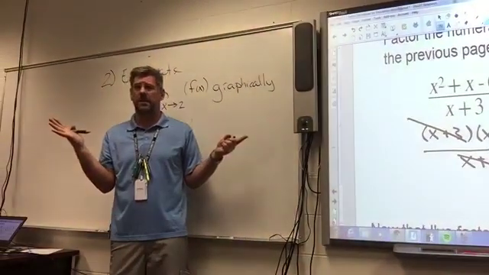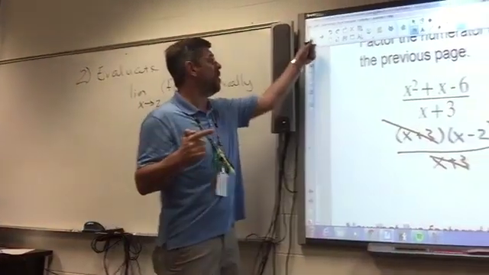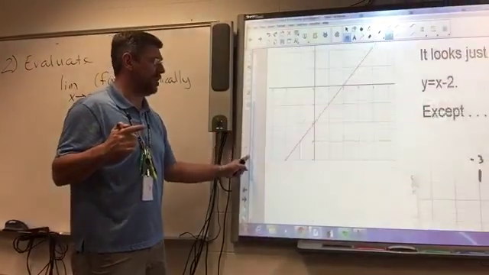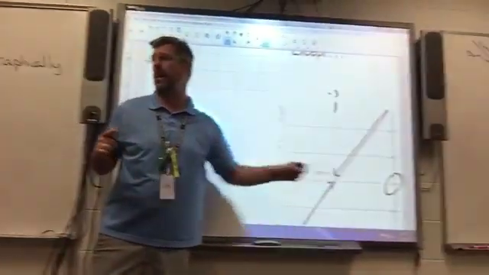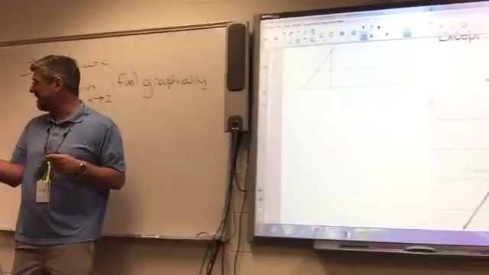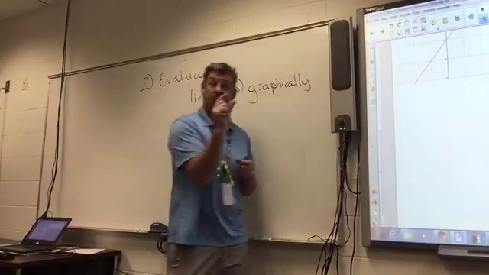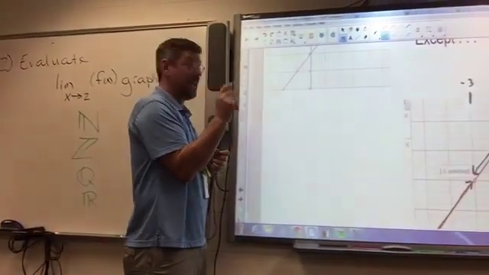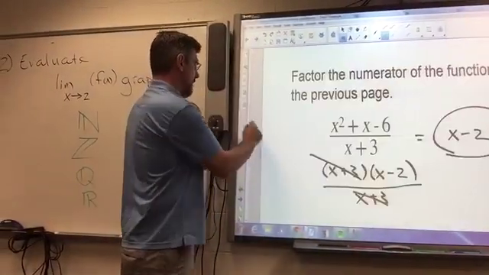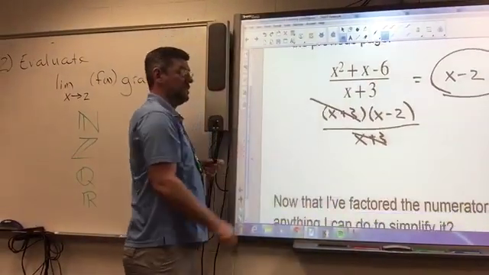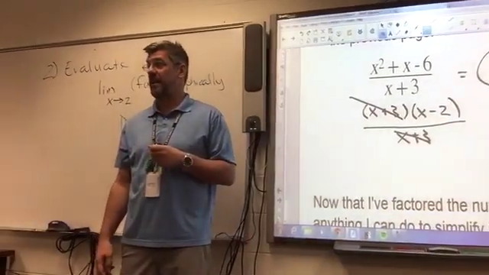So what gives? When I graph x minus 2, do I get that hole right there? No, so they're not the same function, are they? There's something a little bit off. Would you agree? How would I reconcile that?